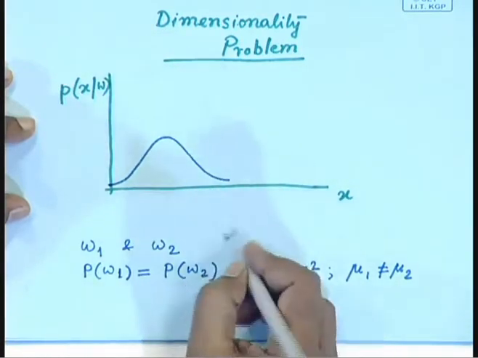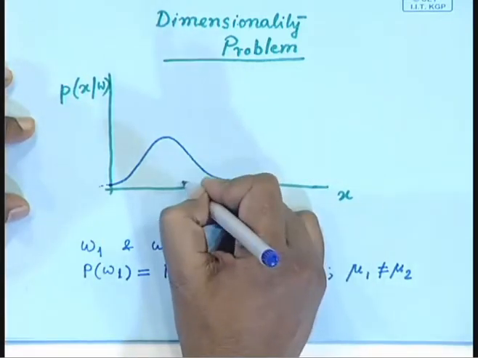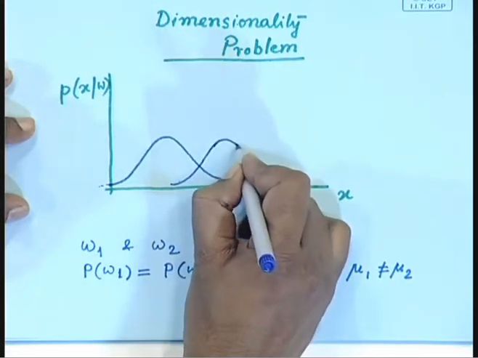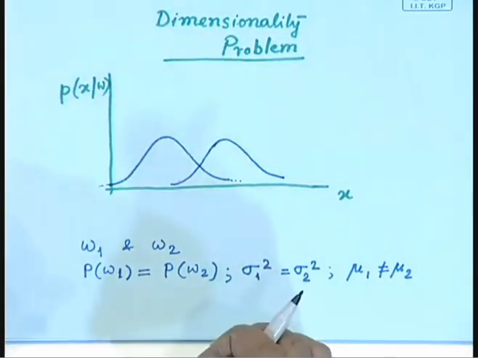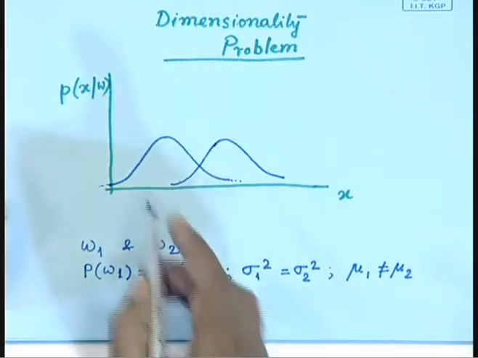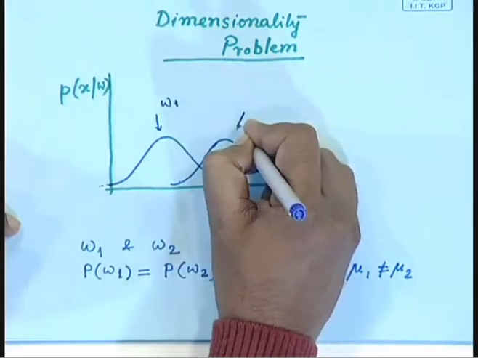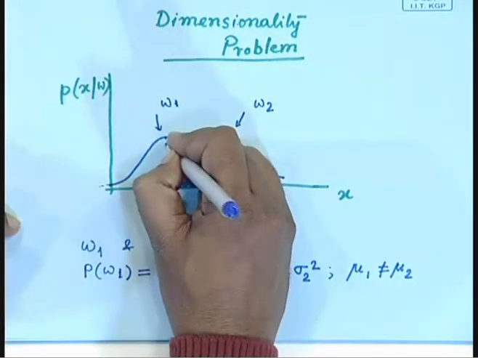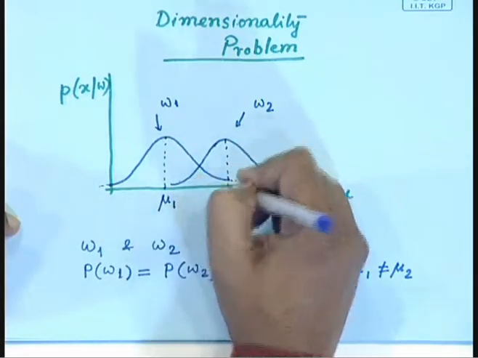This one extends infinitely, and the other one has the same form, the same shape and size, only one is shifted from the other because the means are different, mu 1 is different from mu 2. Suppose this is for class omega 1 and this is for class omega 2, where this is mu 1 and this is mu 2.